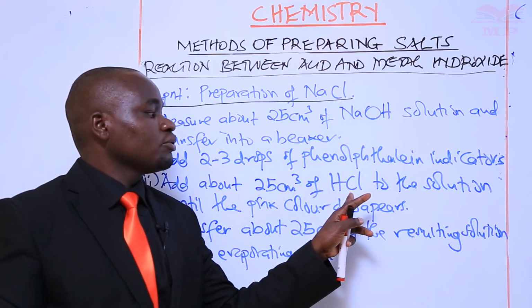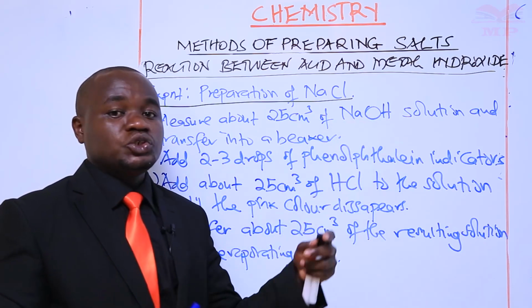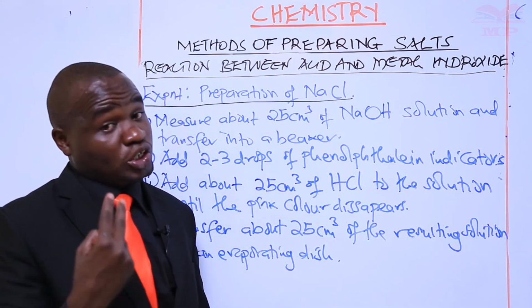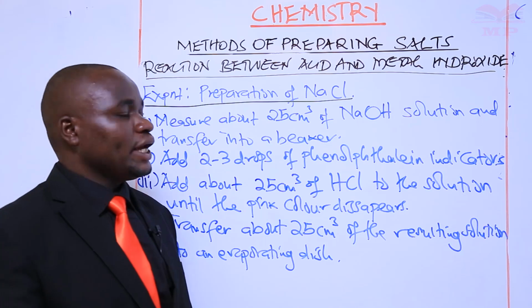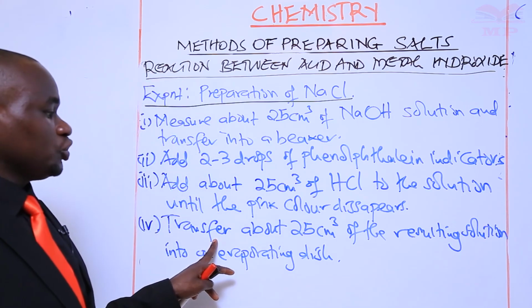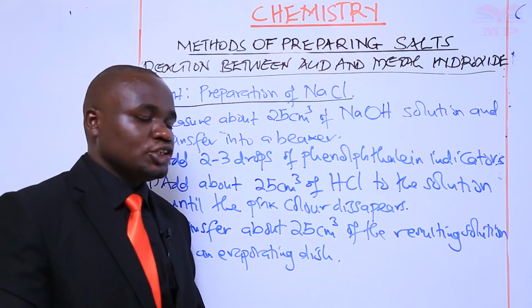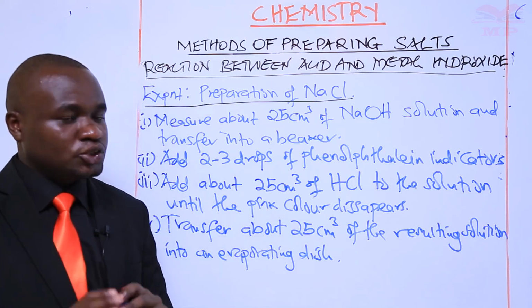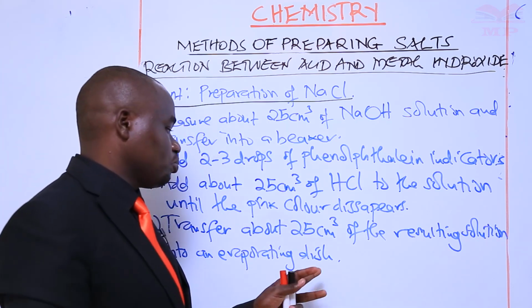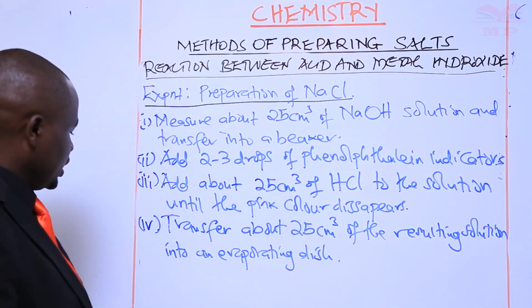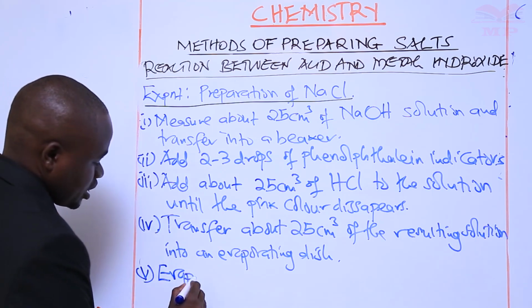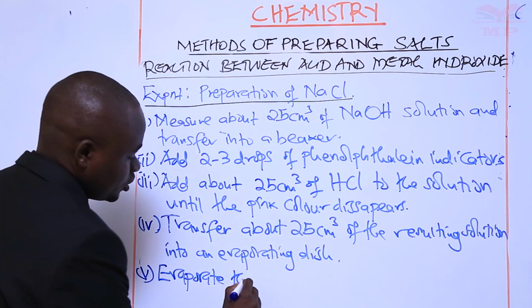So when hydrochloric acid reacts with sodium hydroxide, we shall get a salt called sodium chloride. We shall have two products: sodium chloride and water. That sodium chloride is the one that we shall now put into an evaporating dish. Remember, we want to obtain solid sodium chloride. Therefore, we have to carry out evaporation. Lastly, evaporate the solution.